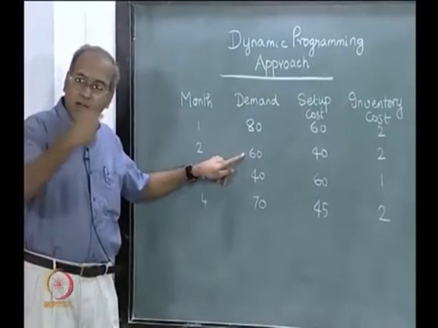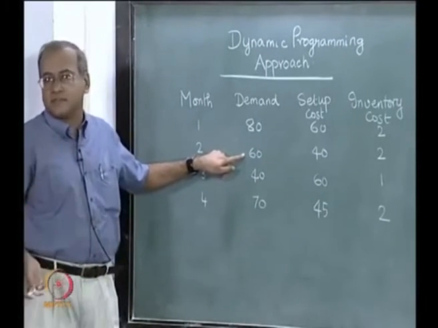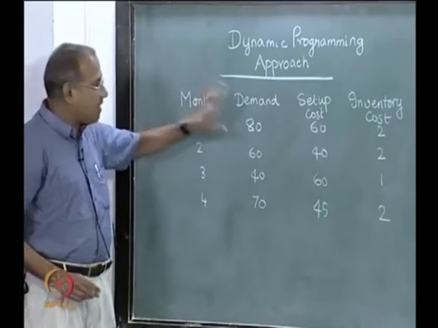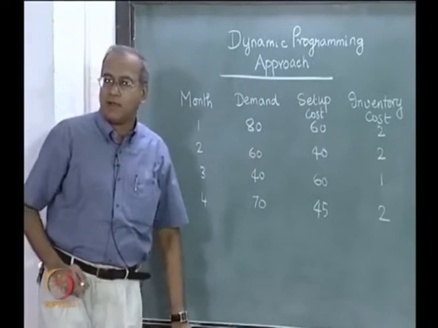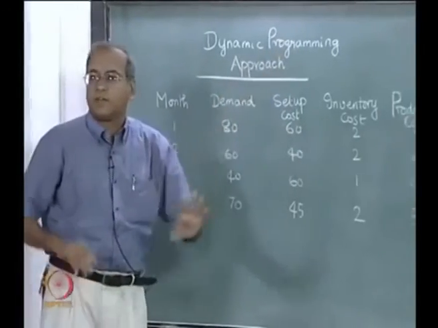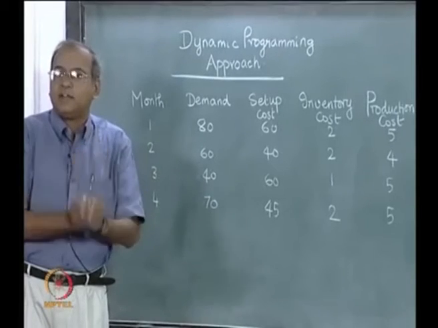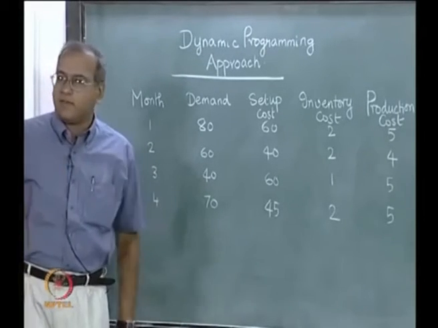If back ordering were allowed, then such a possibility exists. I do not produce anything here. Right now, when we did not consider back ordering, this model will definitely have Q1 equal to something, because the first month's demand has to be met at the end of the first month, and there is no beginning inventory.